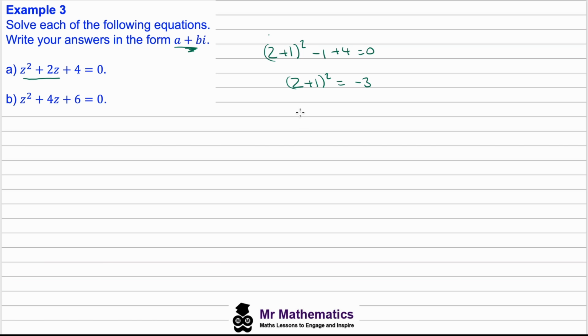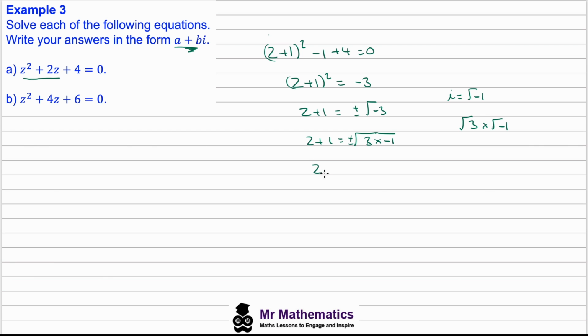We'll take the square root of both sides. So z plus 1 will equal plus or minus the square root of negative 3. And at this point, we can use i equals the square root of negative 1. So this root negative 3 becomes the square root of 3 multiplied by negative 1, plus or minus. So this root 3 times negative 1, we can write as the square root of 3 multiplied by the square root of negative 1.